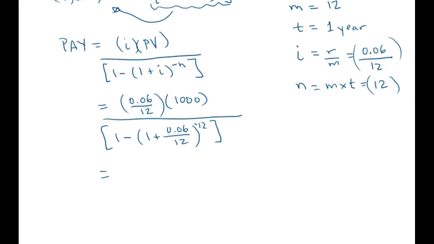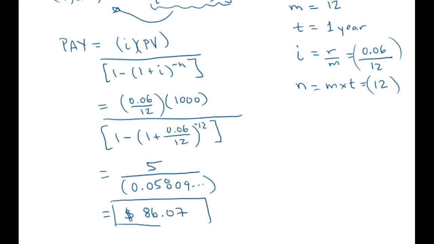So our multiplication on our numerator, you end up getting 5 come out there, divided by, and again you can do some intermediate computations down here. I'm just going to get to where I did my partial one, so 0.05809, etc., etc. Trying to keep all your decimal places in your calculator, you should end up getting a payment value of 86.07 as your payment over that year with the rate given in the question.